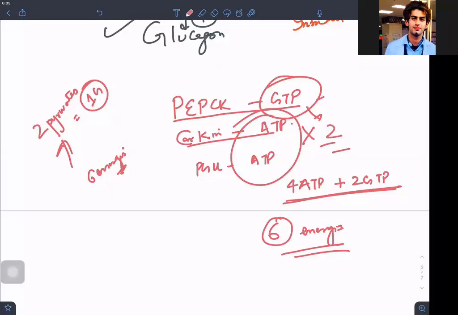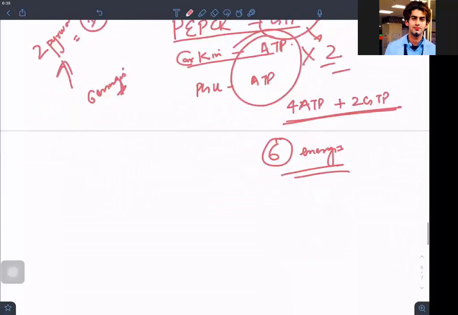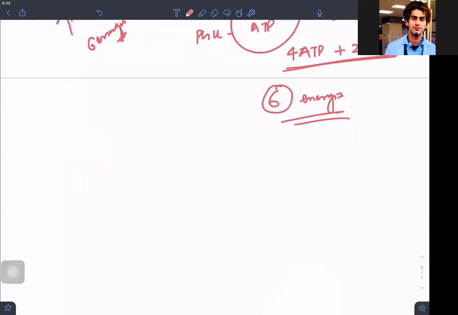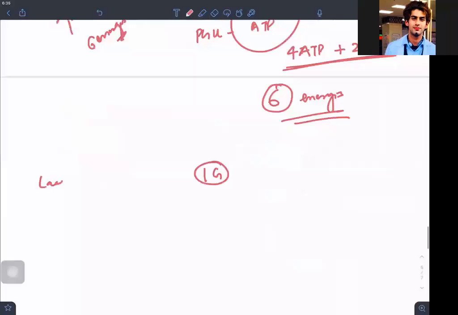This was from pyruvate. Your question will definitely come: sir, yesterday you taught us we have amino acids and lactate. So how many energies will I need to make a glucose molecule from lactate?